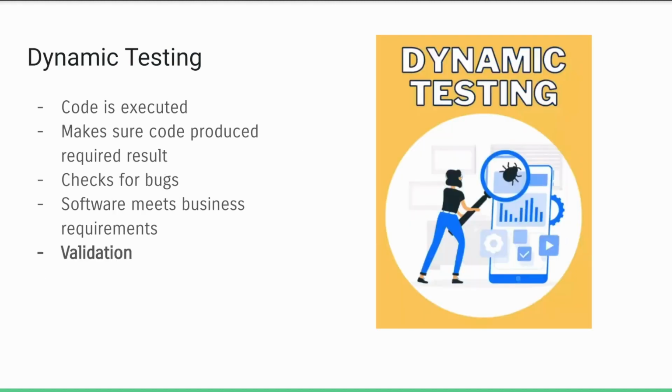The next type of testing is dynamic testing. Now, this testing takes place while the software is running and code is executed, right? So what we're doing is we're making sure that the code produces the required result. Now, that might be the required user interface, or that might be the required output in terms of data.